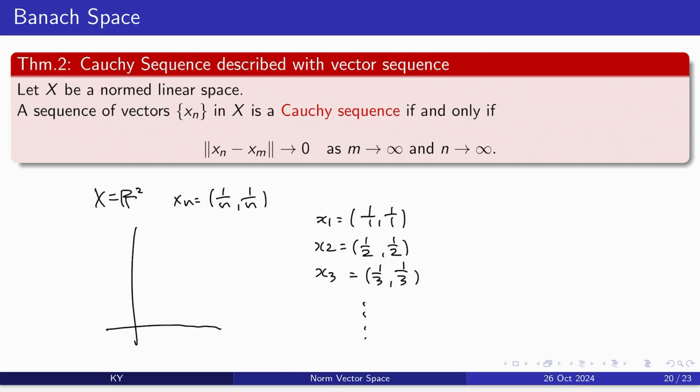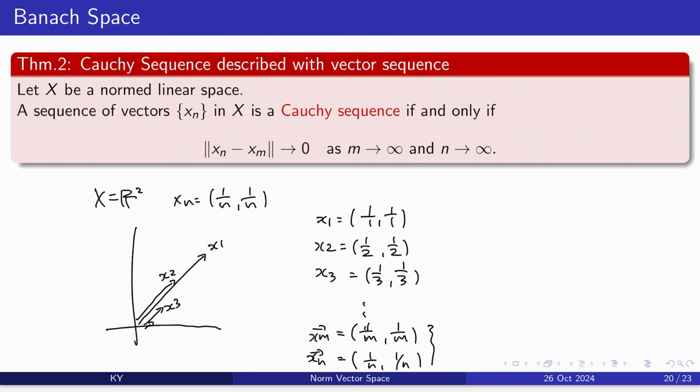Then we get 1/4, and maybe we get xm somewhere, but you have to understand that the vectors xm and xn have progressed quite far. So we have a vector x1, the second vector x2, and the third vector x3, and it gets very small.